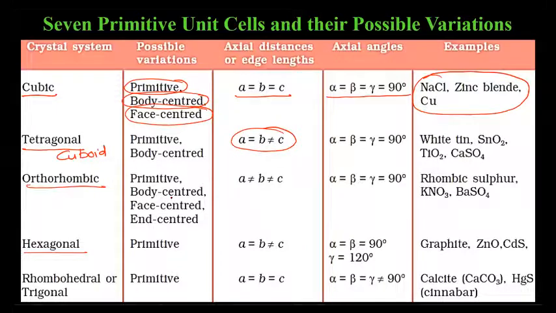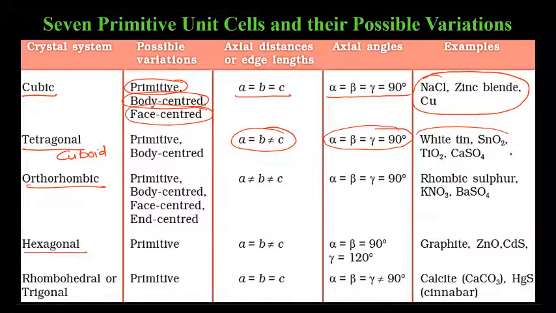So say these 2 sides are equal. This side is different. So it is a cuboid. And all angles will be 90 degrees. You know that in a cuboid.